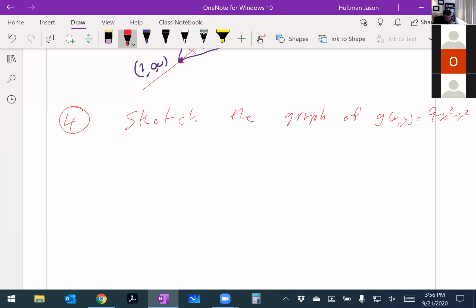Did I write this down wrong? Thinking. Yeah, let's do the square root here. Let's graph that.